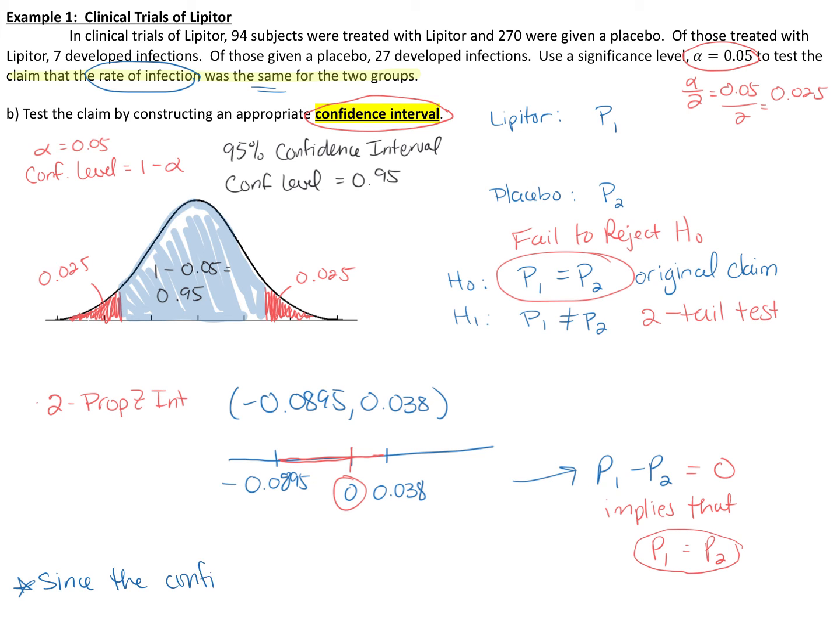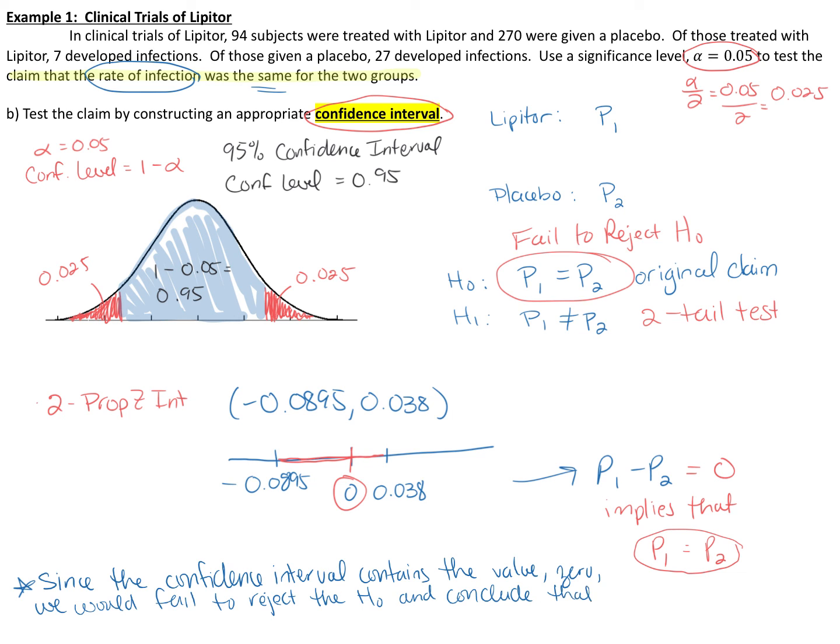Since the confidence interval contains the value 0, we would fail to reject the null hypothesis and conclude that there is not sufficient evidence to warrant rejection of the claim that, dot, dot, dot, because it's going to be the same as what we did in part A, and you would just rewrite the claim that the rate of infection was the same for the two groups.